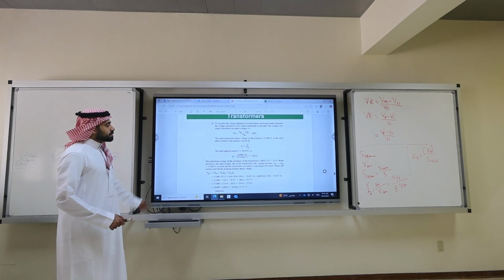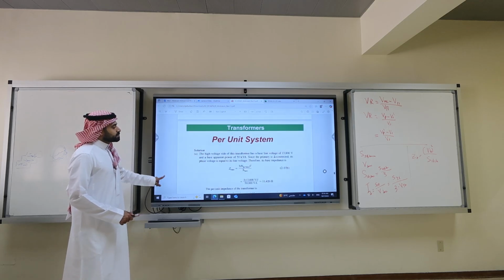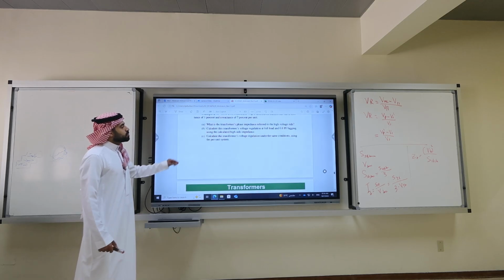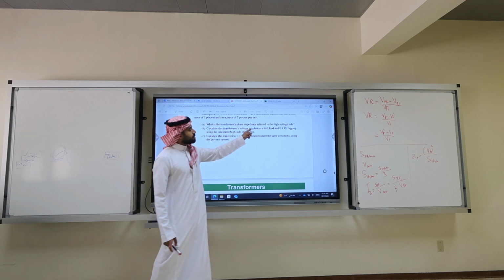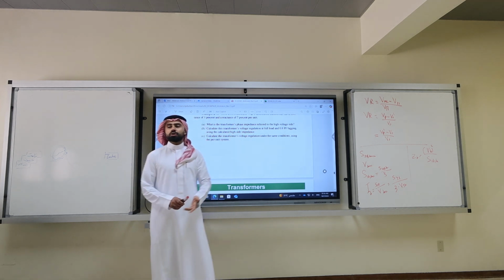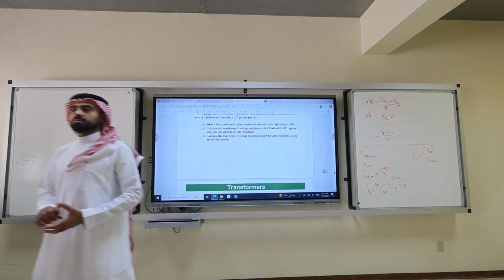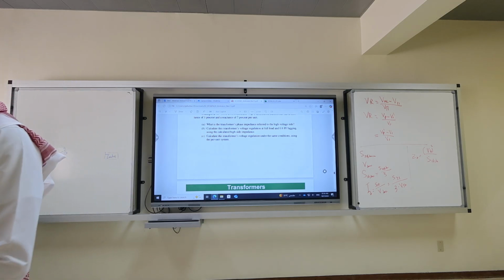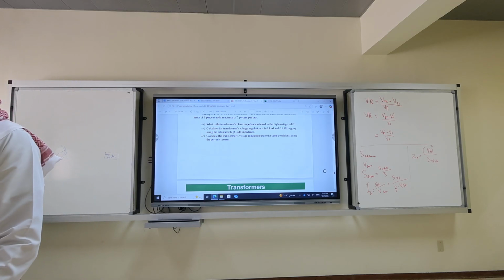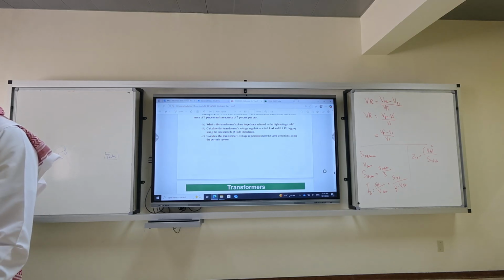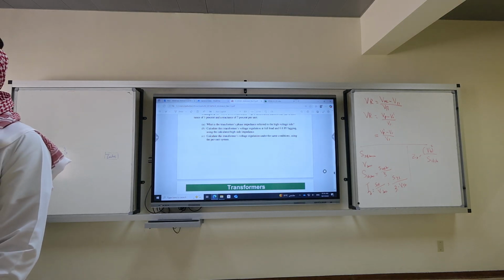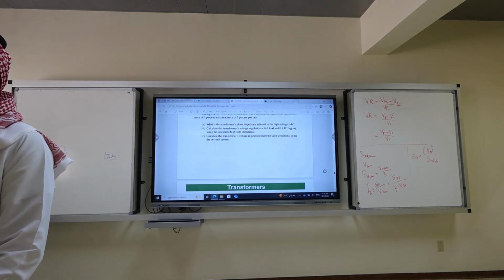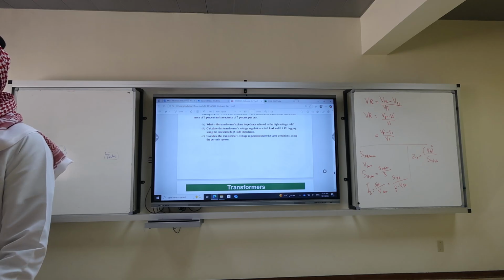What is part B? Read the question. Part B was asking you, find the VR at full load. What does full load mean? Not load open circuit, wrong.